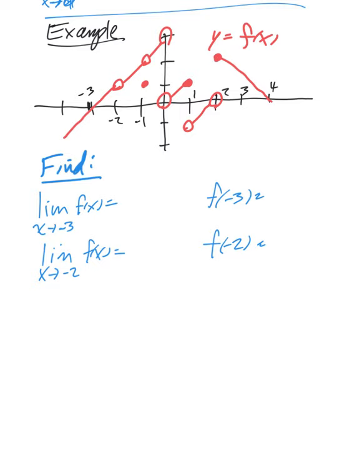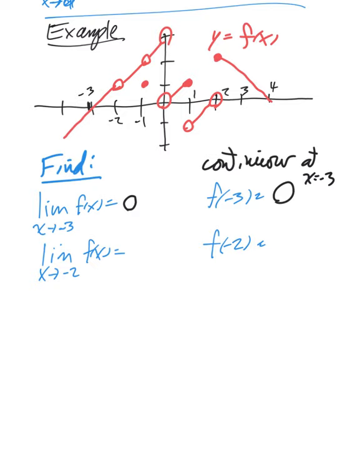So that tells you the limit of f of x as x approaches minus 3 is 0, but also when x equals minus 3, f of minus 3 is equal to 0. So the limit of f of x is equal to the value, so it's continuous at x equals minus 3.